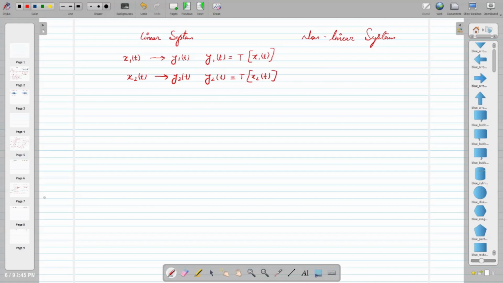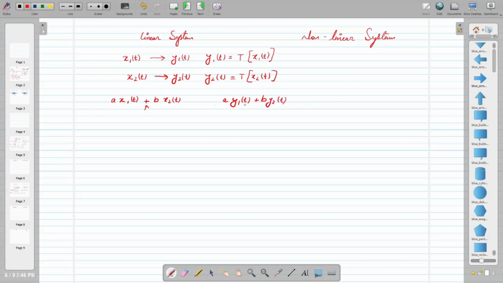Linearity says that a system is linear if the input a x1(t), that is the weighted input, plus b x2(t), which represents the superposition, where a and b are constants, produces an output a y1(t) plus b y2(t).